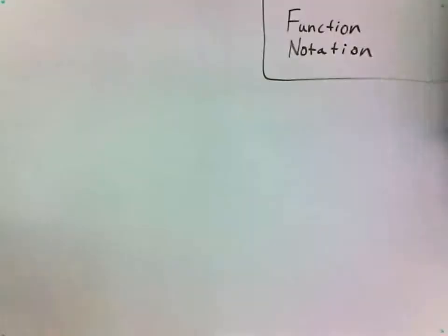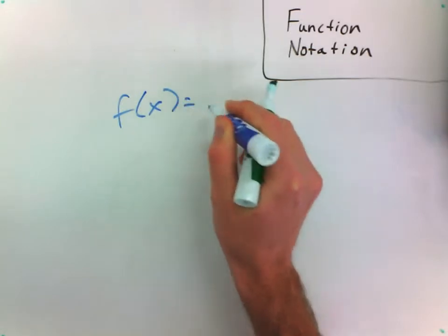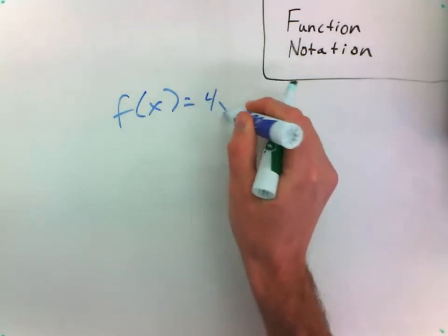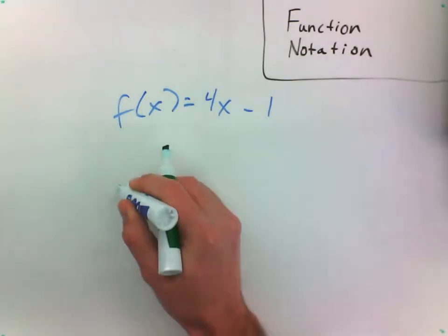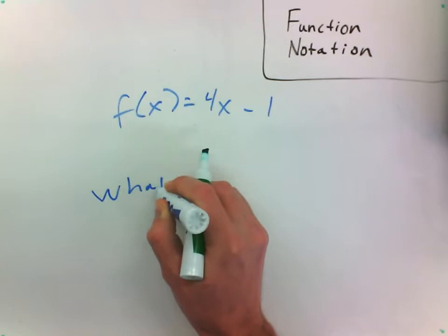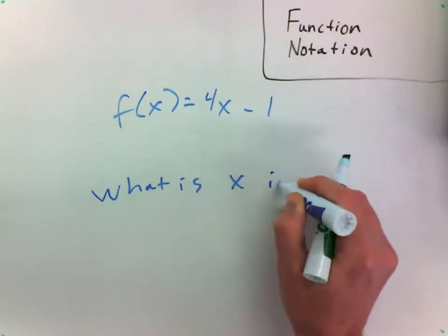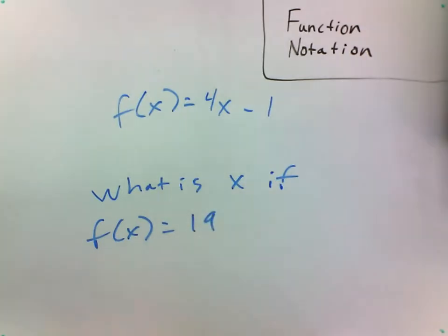The other way that they're going to ask us questions is, what if we had a function, let's do 4x minus 1? They're going to say, what is x if f of x equals 19?